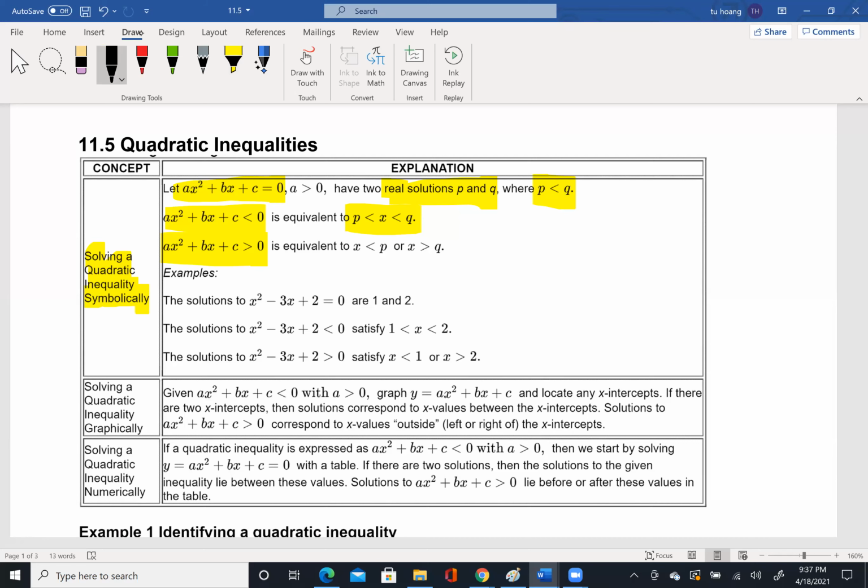It's going to be the interval outside of the interval P and Q. So you can see over here, this is the interval P and Q. But for the second one, you're gonna have from negative infinity to P, and from Q to positive infinity, something like that.